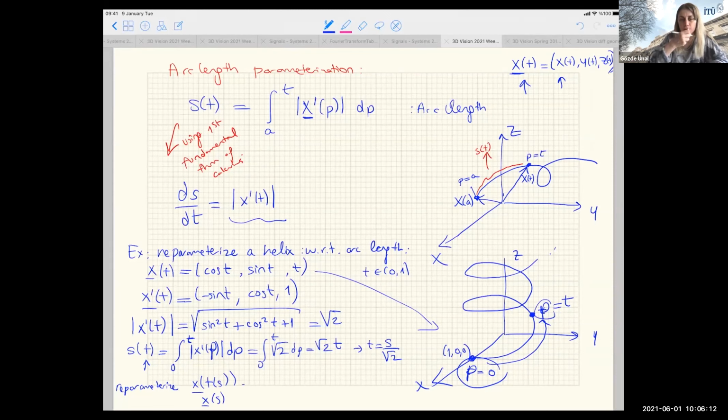I mean, we are getting rid of the t parameter there, right? So it's really cosine of s over square root 2, sine of s over square root 2. So this would be the helix curve parameterized by arc length, right?